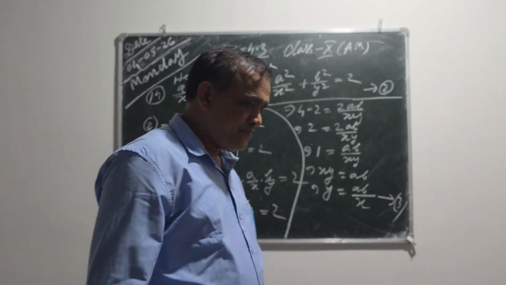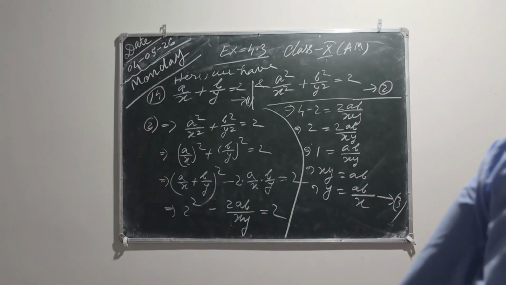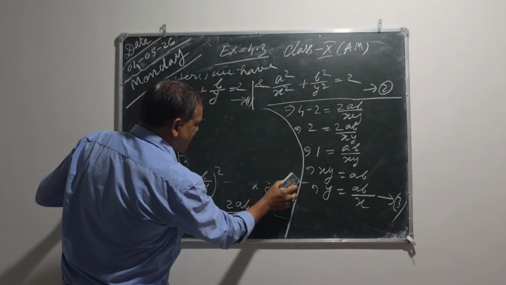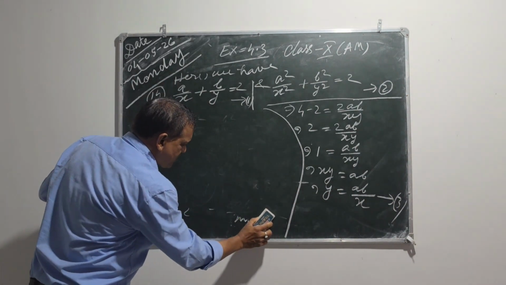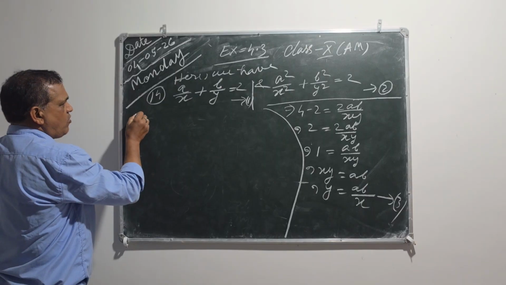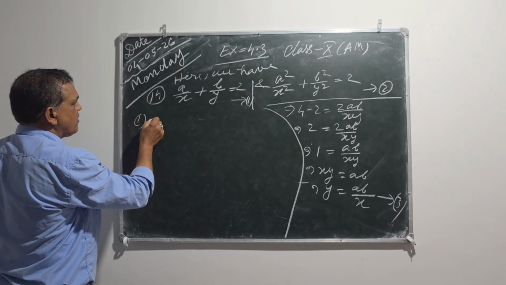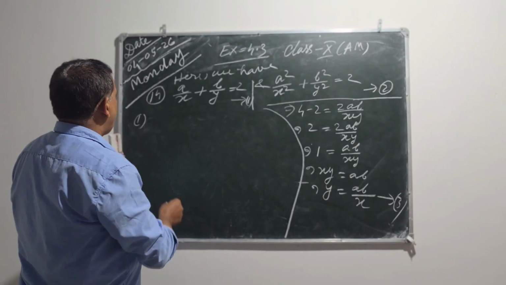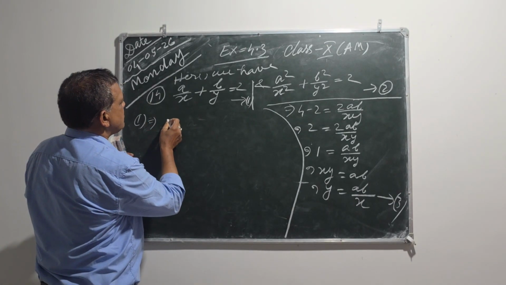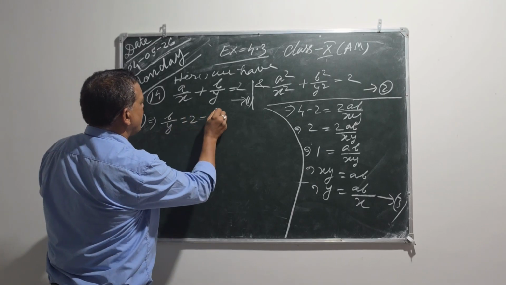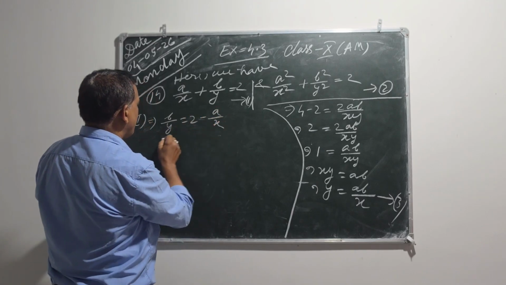So next, let us substitute this value of y in 1. So 1 implies, from this we can write b by y equal to 2 minus a by x.